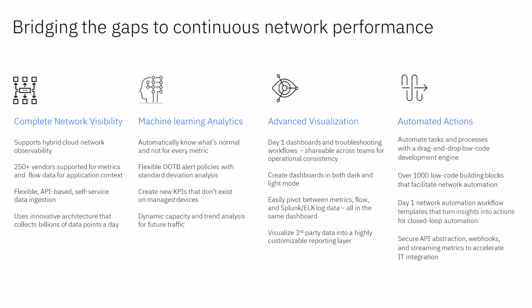First, they would need to have confidence that they can get all the network performance data that they need. This data includes metrics from over 250 different vendors across different hybrid infrastructures, plus flow data for application context, and the ability to scale and collect billions of data points daily.